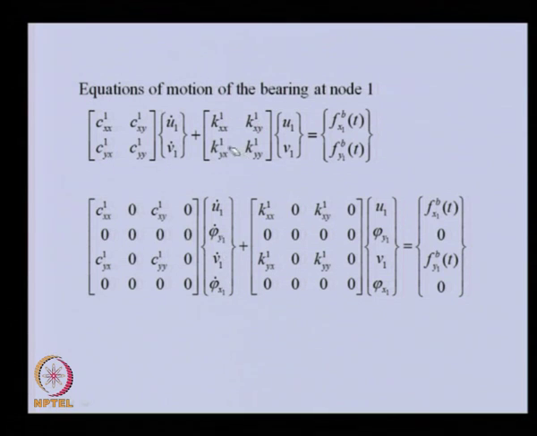So, basically we expanded these equations into 4 by 4 by introducing some variables. So, basically if we multiply these 4 equations, finally we will get this only. So, this is the expanded form of this for node 1. So, this is for bearing 1.